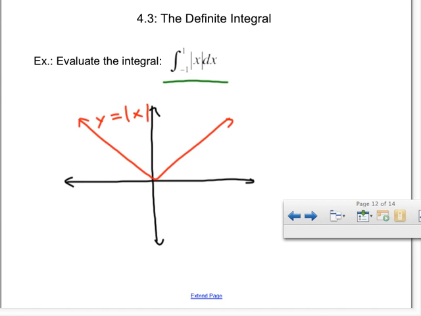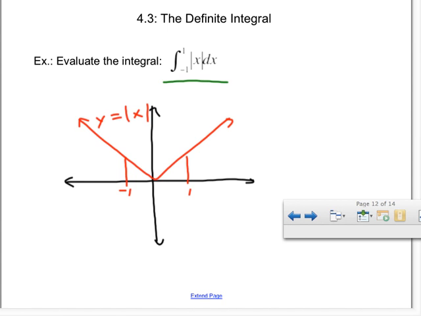This is the absolute value of x. Now, where are we accumulating area? From -1 to 1. So we're going from -1 over to 1.